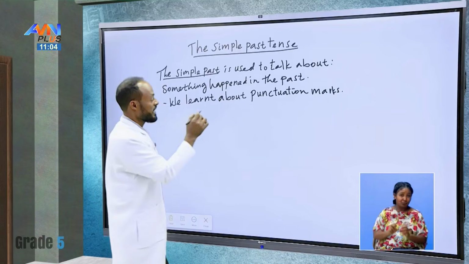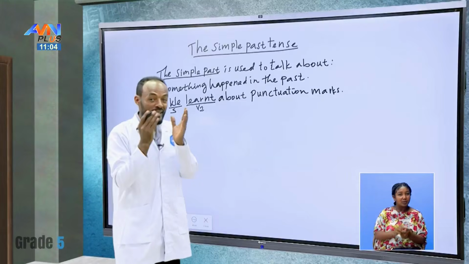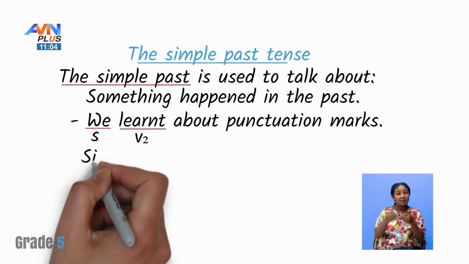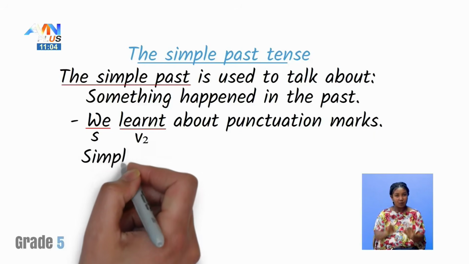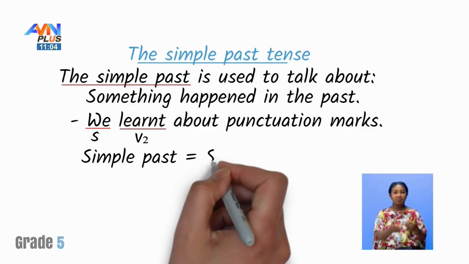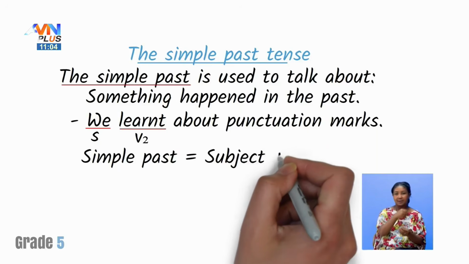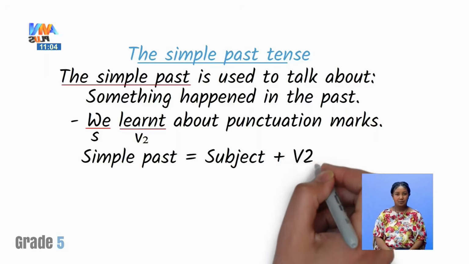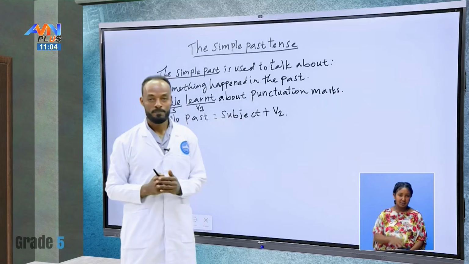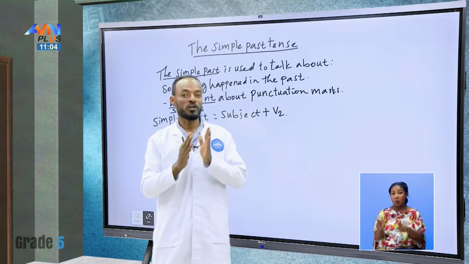Is it clear? Here, I used a subject, and then learned is verb 2. So, in short, the form of simple past is subject plus verb 2, or past tense.